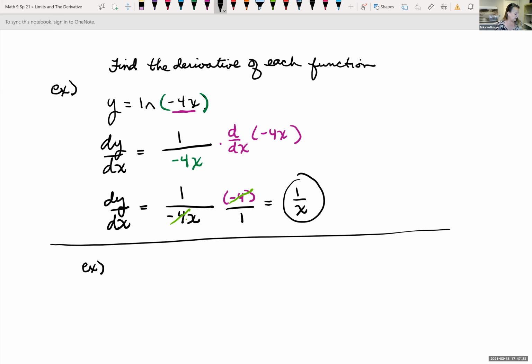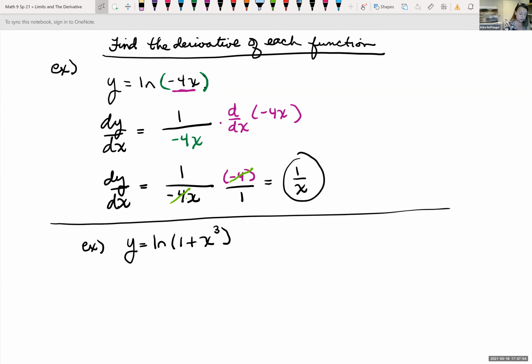So what if it had been the natural log of parentheses 1 plus x cubed? So again, we're finding the derivative.